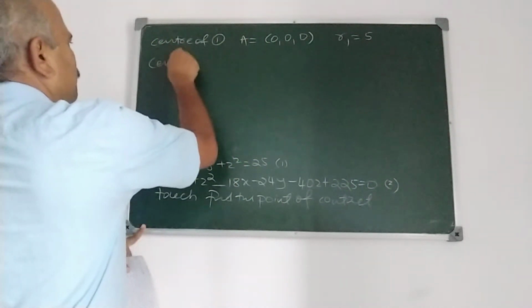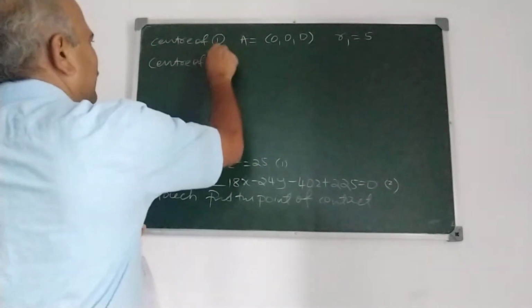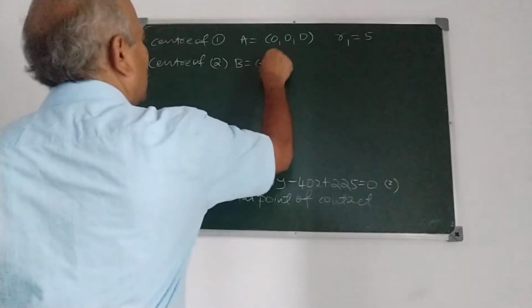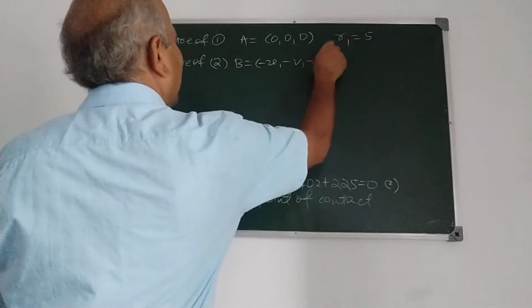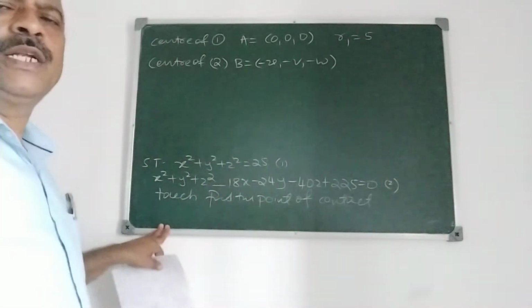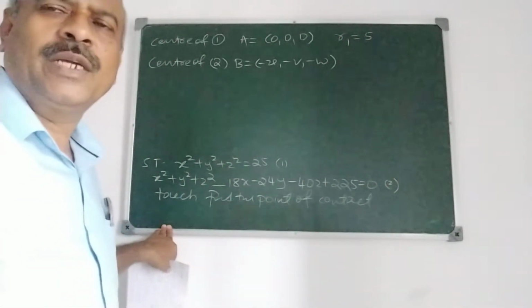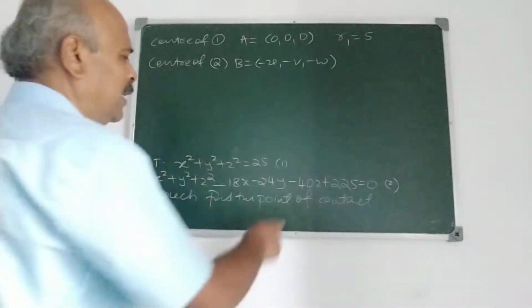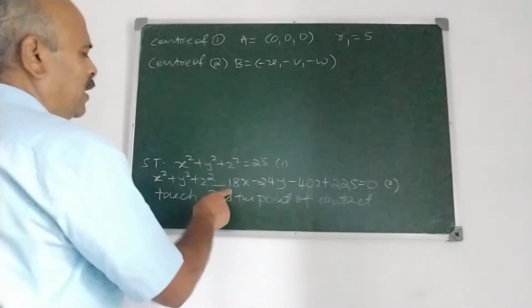Center of the second, B, is equal to minus U, minus V, minus W. You know the formula for the center. Two formulas are important: the coordinates of the center of the sphere, and the radius of the sphere. First you have to write U, V, W here.